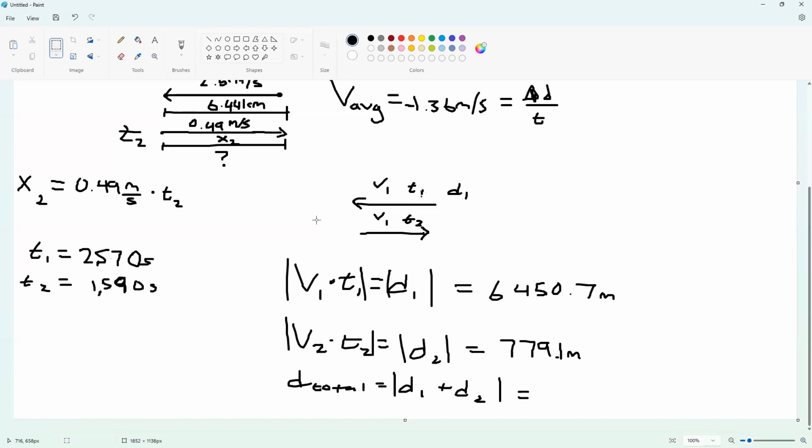That's going to be 6,450.7 meters. Okay, I see. And then you just add the 6,450.7 plus the 779.1.